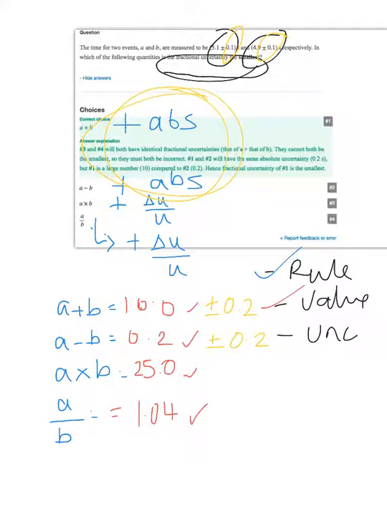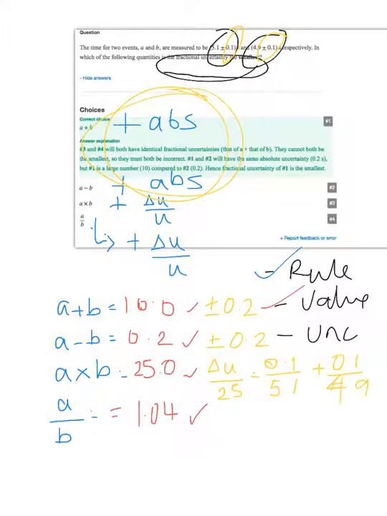Now for the multiplication, we'd have to do a little bit more calculating. Our fractional uncertainty would be equal to the fractional uncertainty in the first one, 0.1 over 5.1, plus 0.1 over 4.9.